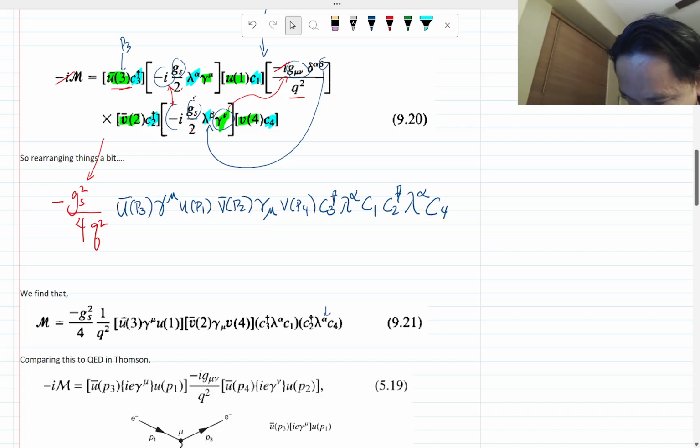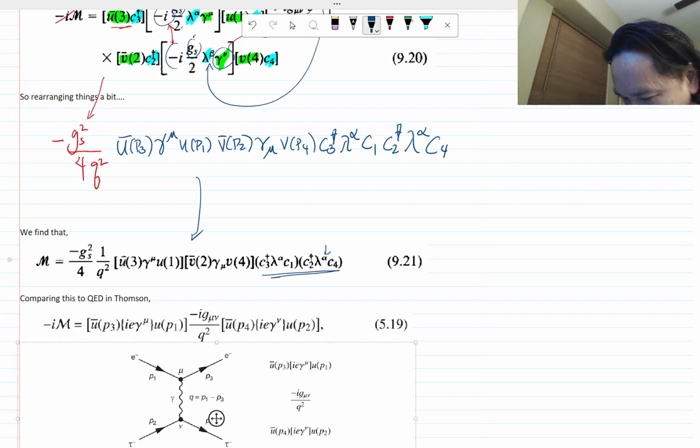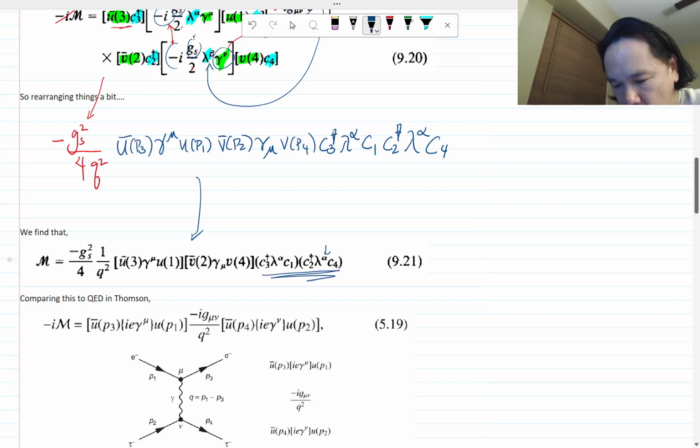So that's the result that Griffiths also has. In Thomson, what we have, we're going to just compare this to quantum electrodynamics and see that these color factors are the only thing that changes.